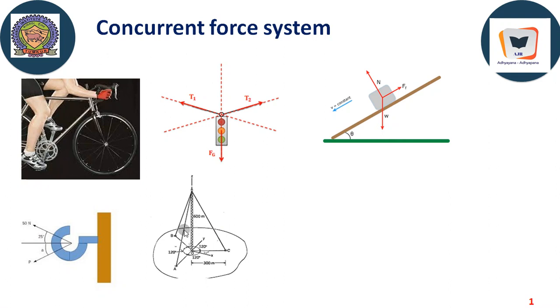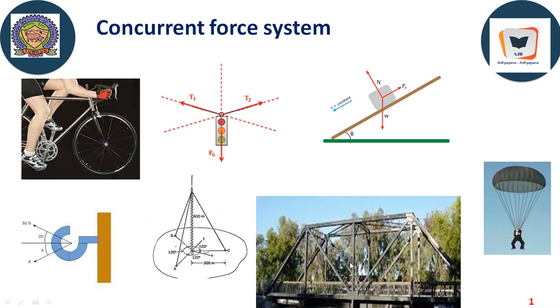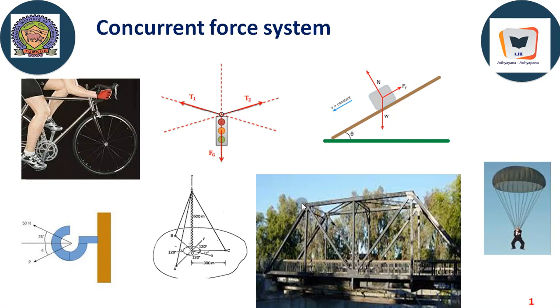Here you can see 1, 2, 3 guy wires, and this is the point of concurrency. And the forces acting on the tie wires of a parachute, and the forces developed at every joint of a truss structure, something like this, are all examples of concurrent force systems.